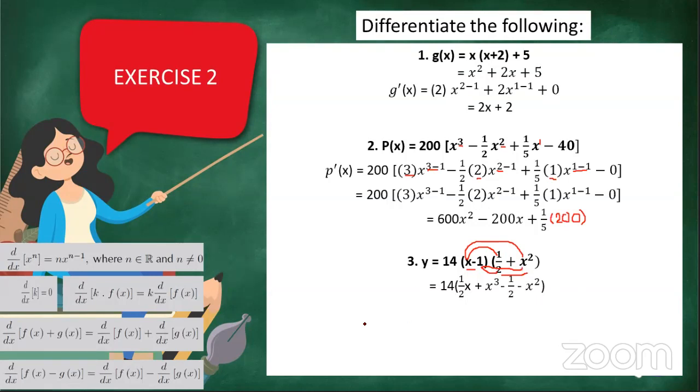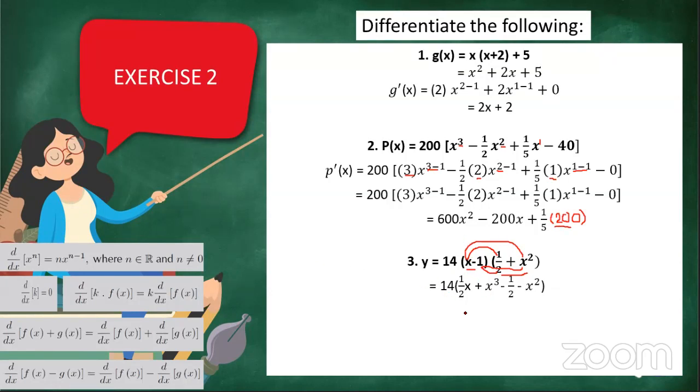Okay, so we're still applying the rules that we learned. Yes, thank you for that. So the 1 over 5 we multiply by the 200. I just left it out. Glad that you can see that. Thanks, Kyle.